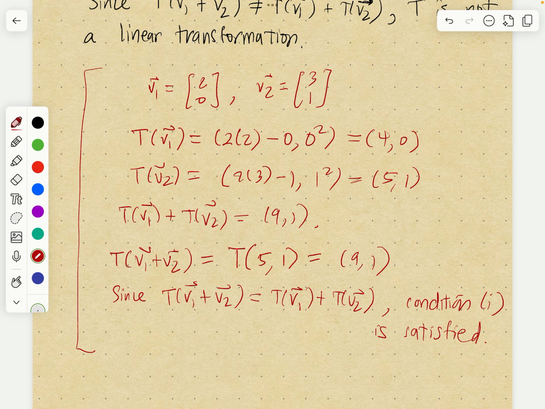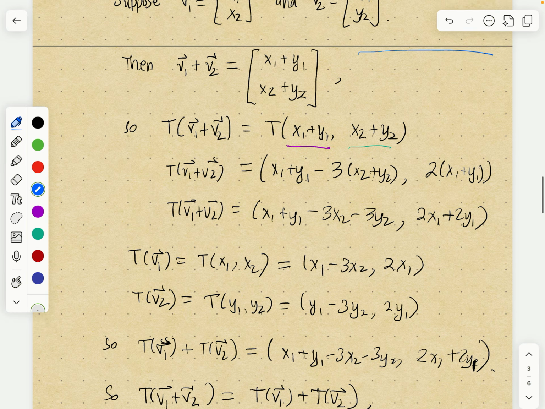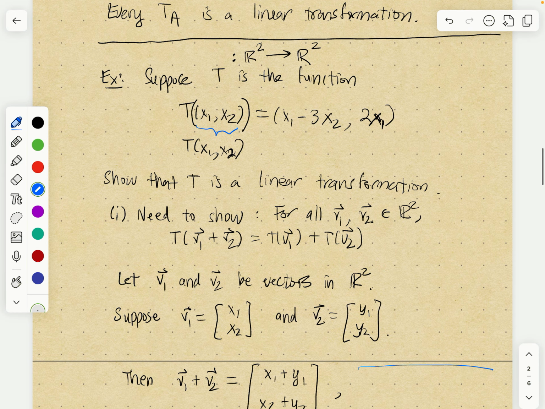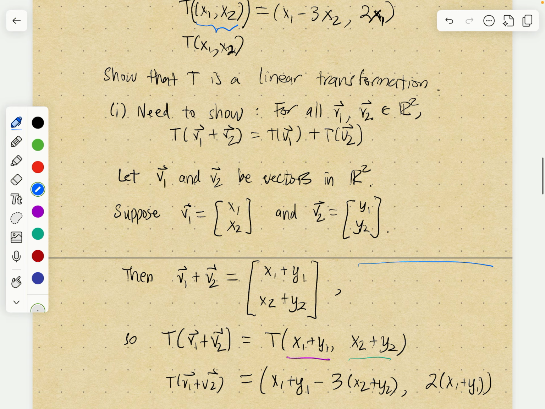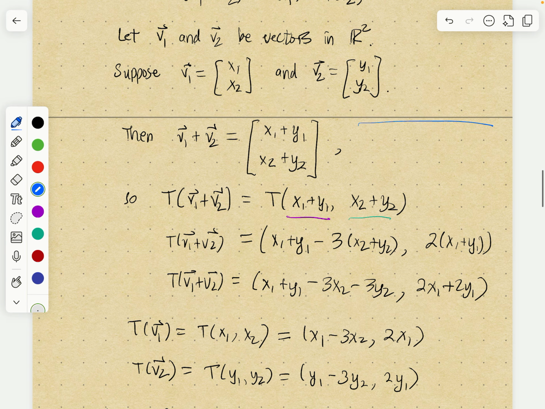It is true that for this v1 and v2, T of v1 plus v2 equals T of v1 plus T of v2, but that does not mean that condition 1 is satisfied. Condition 1 says that it needs to be true no matter what your v1 and v2 are. And that's why when we did our proof that this function is a linear transformation, we didn't plug in specific v1s and v2s. We worked with a general v1 and v2.